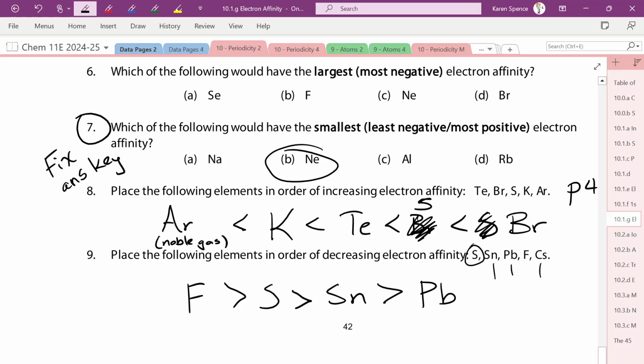And cesium is way at the bottom left of the periodic table, so I would say it's the worst. Why? Because it has the smallest Zeff and it's huge. Because Cs is at the bottom, so it's big, and it has a Zeff of only +1.